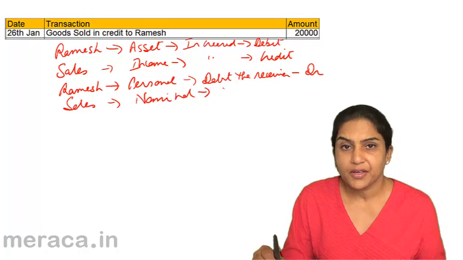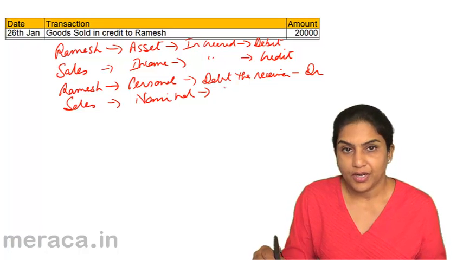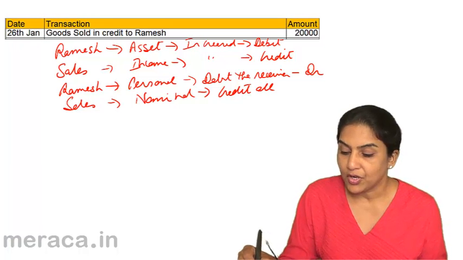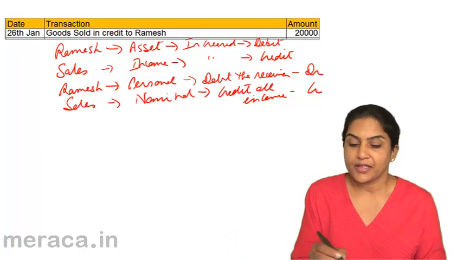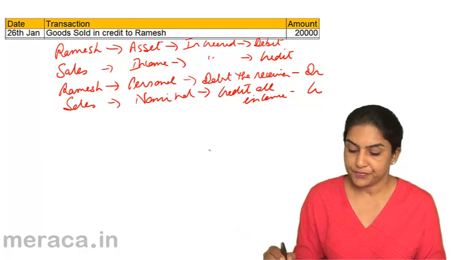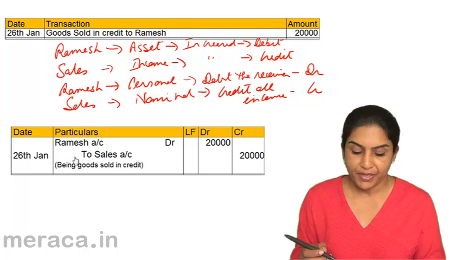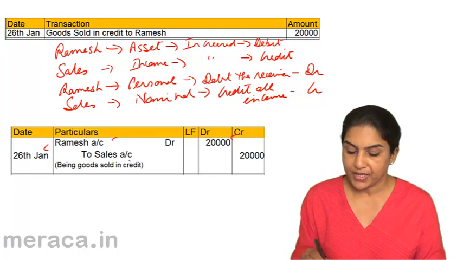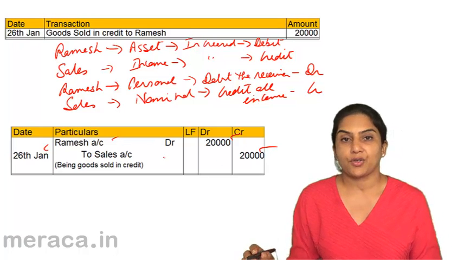What is the rule for that? Nominal account: debit all expenses, credit all income. So we will say credit all incomes and gains. So credit sales. Either way, same conclusion. Presenting it properly, we put the date on 26 Jan. Ramesh account debit 20,000 to sales 20,000.